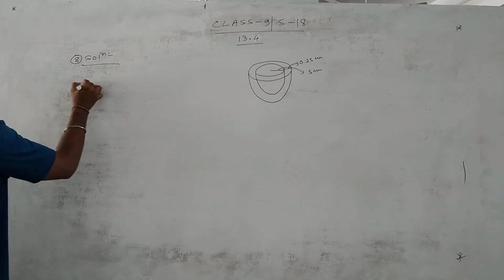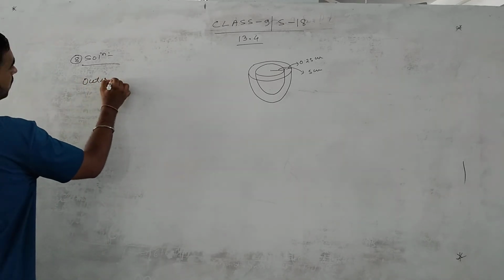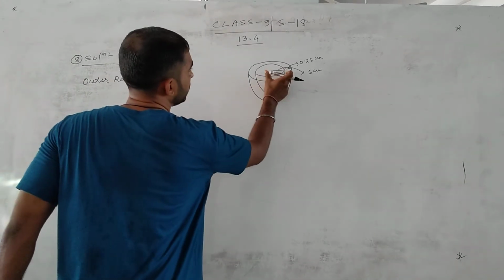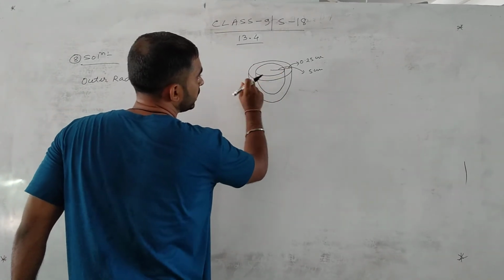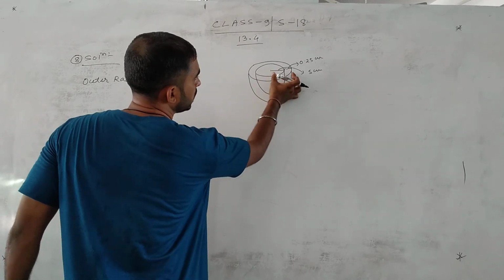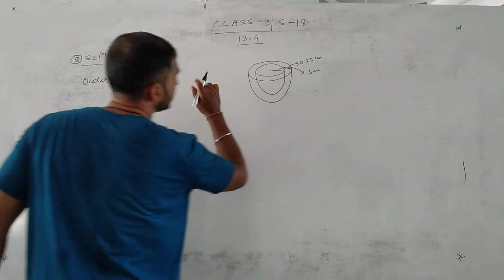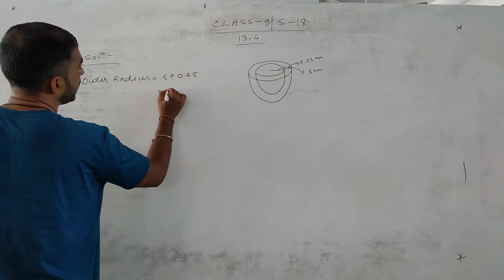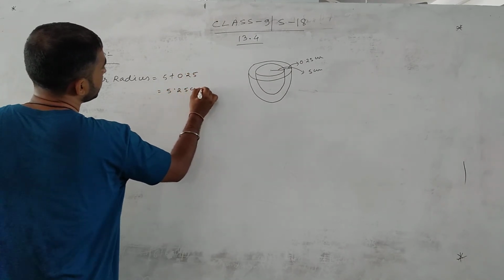Now, the outer radius means from here to there. So to get the outer radius, we have to add the inner radius plus the thickness. So 5 plus 0.25 equals 5.25 centimeter.